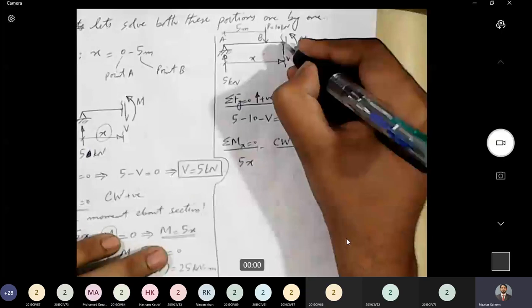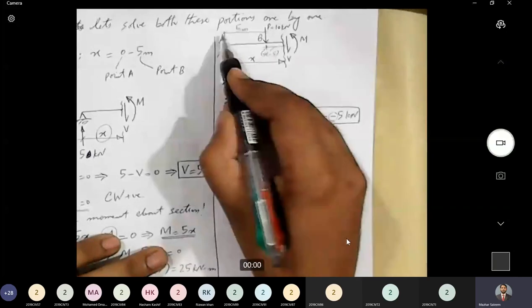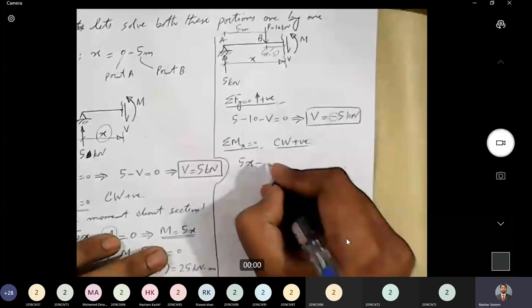This distance is X minus 5. X is the total distance from this location up to the section, and this distance is 5, and we are interested in this distance. So this is X minus 5. The direction of rotation is counterclockwise, so minus 10 is the magnitude of load, and the lever arm is X minus 5.